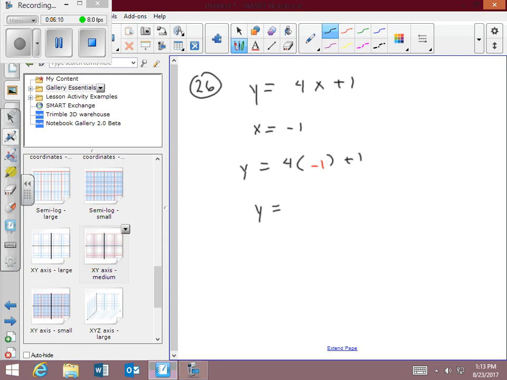Y is going to be -4 plus 1. I don't know why I put minus 4, it's a plus 4. Dang it. Now I know why I did minus 4, because that's what the answer was. 4 times -1 is -4. So this is y equals -3. Okay, now if I've done that right, then my ordered pair solution is x is -1 and y is -3.